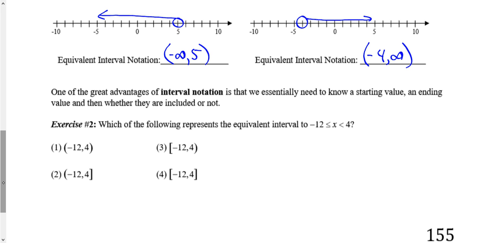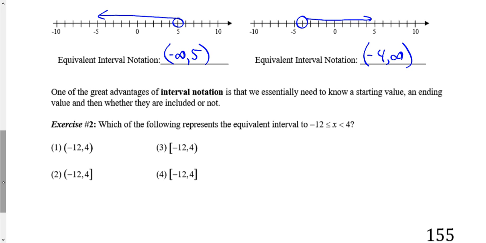Okay, let's look at this one here. Which of the following represents the equivalent interval to -12 less than or equal to x less than 4? So here we have less than or equal to, and then less than. Which choice is correct? Hard bracket, because it's inclusive of -12.